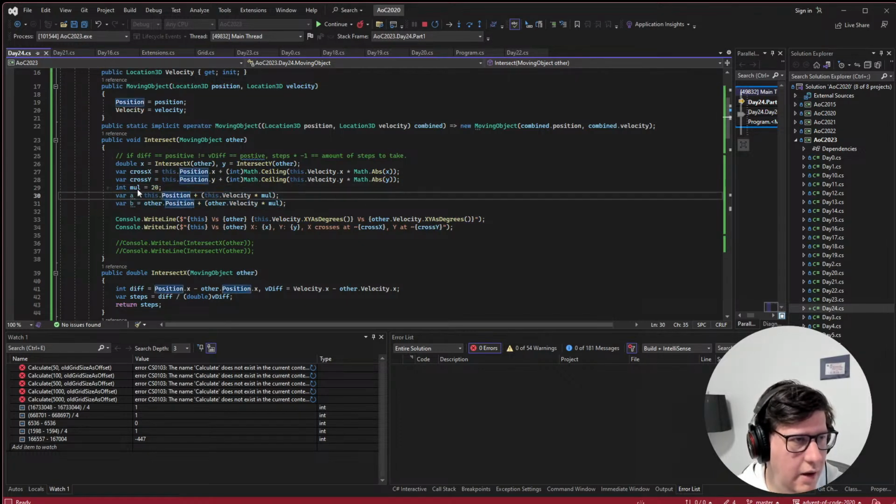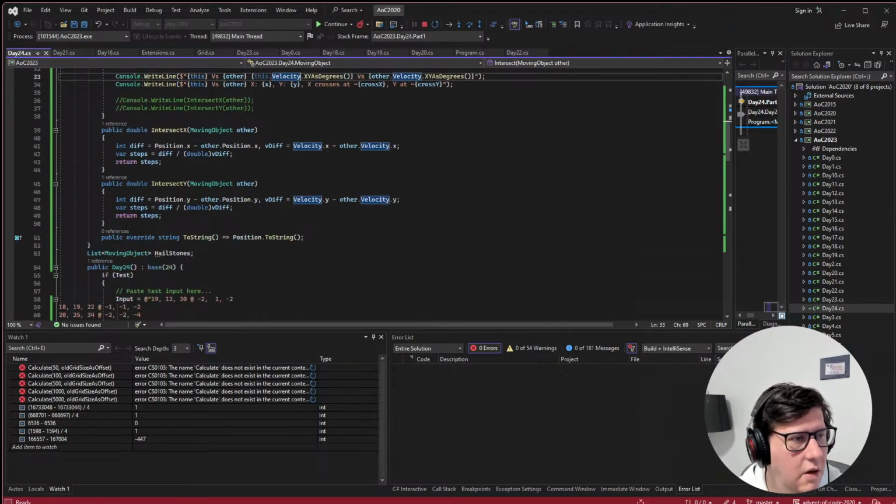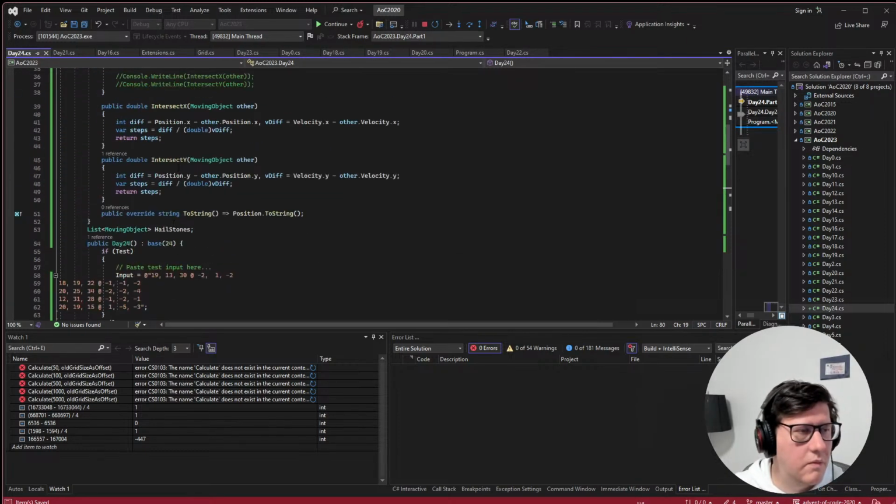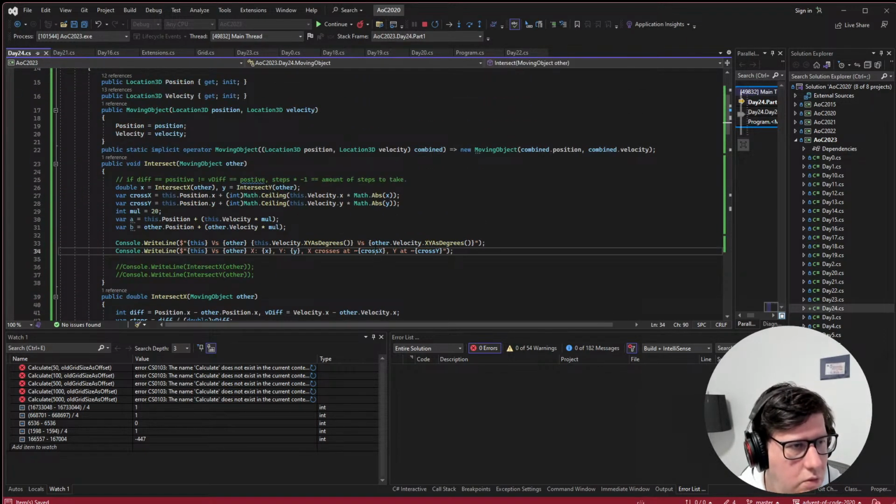Because this is exactly what I do here, like take 20 into the future, right? Let me turn off this one here. Do I even print A and B anymore? Let me print this out here.